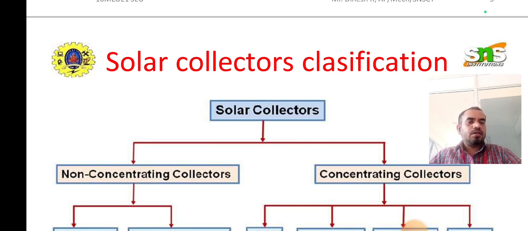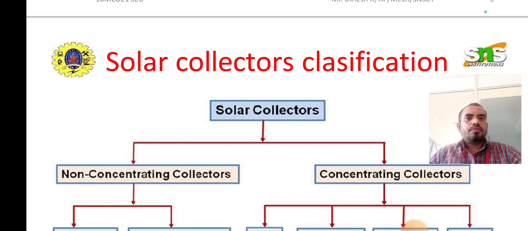But in a concentrating collector, when the sun moves from one horizon to another, the overall movement of the sun is traced by the use of drives in the collector. Comparatively, the non-concentrating collector has much lower efficiency compared with concentrating collectors.